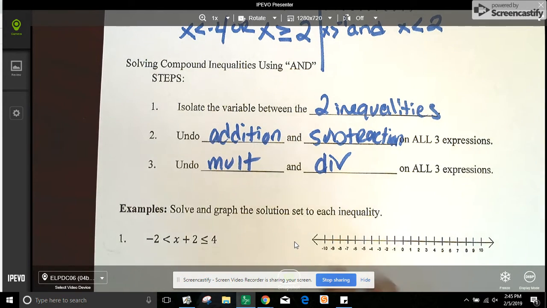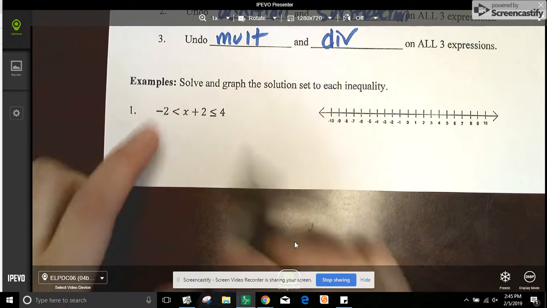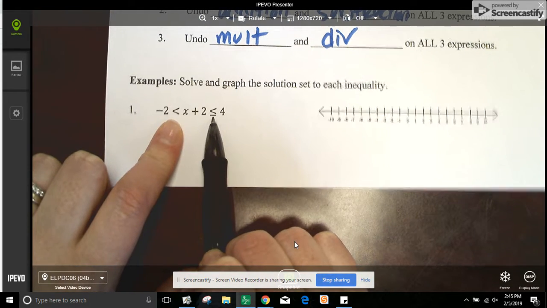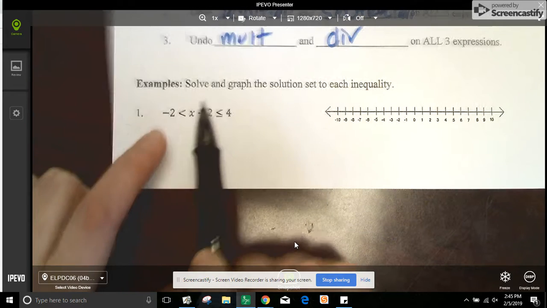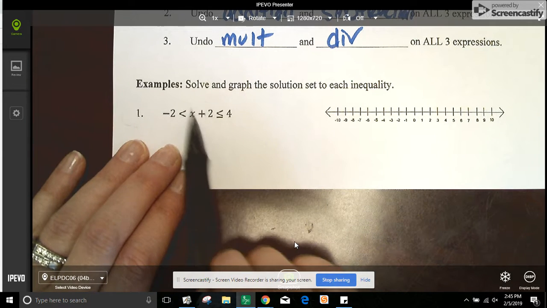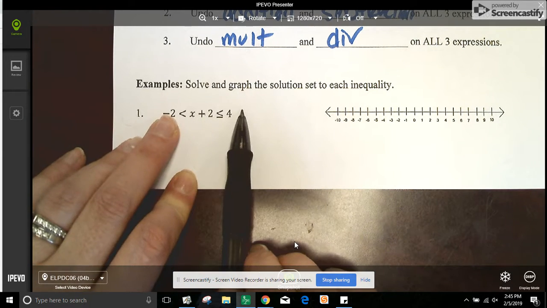So let's look at the first example. This is what I mean. You're sandwiched in between two inequalities here. You want to undo what's in the middle to both inequalities.